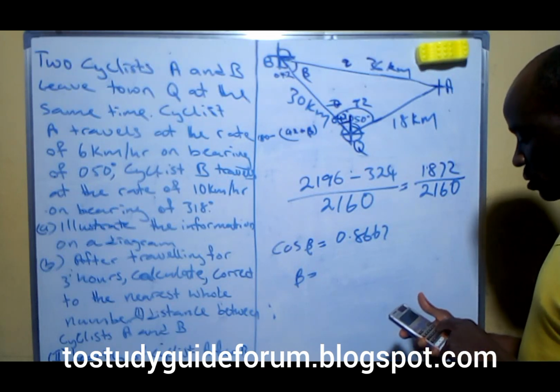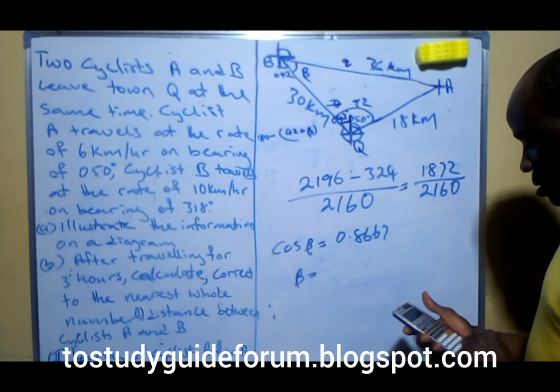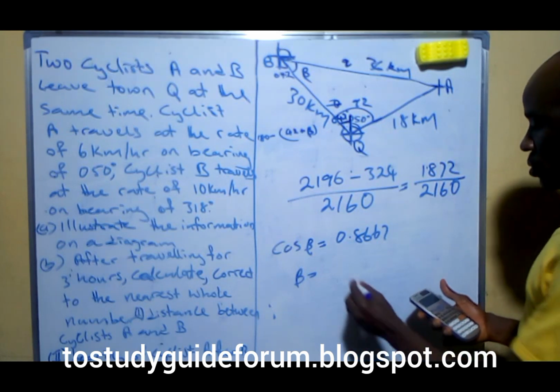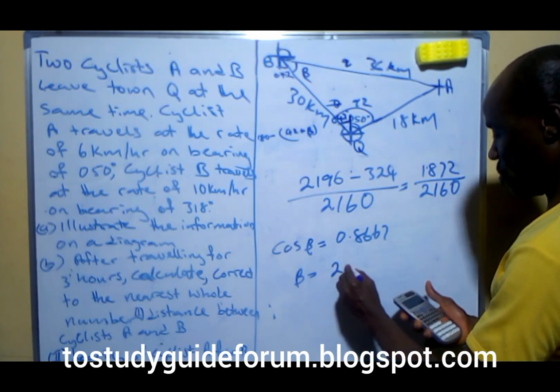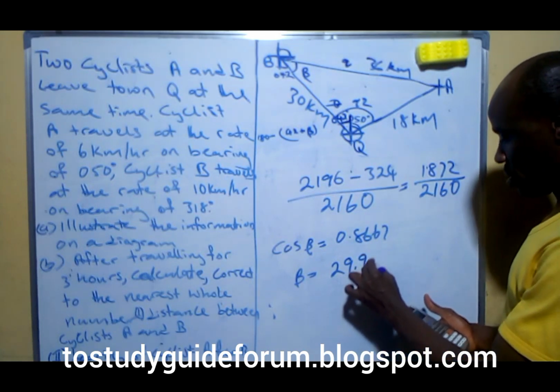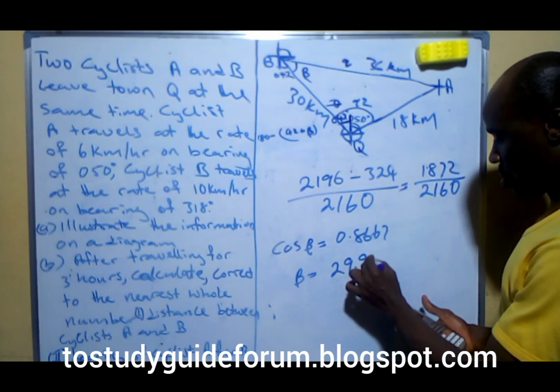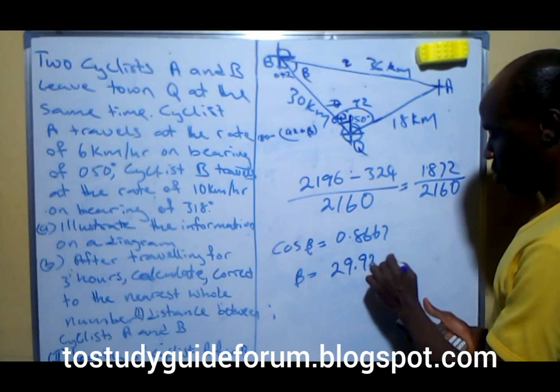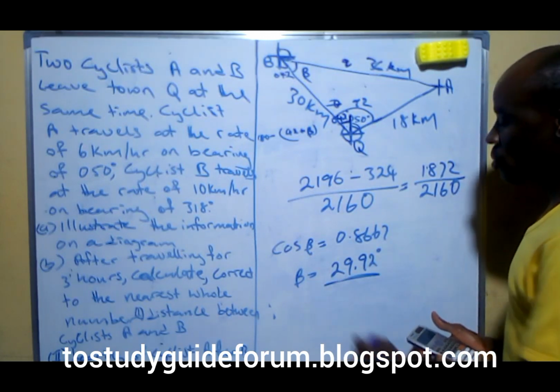To get the value of beta, you can also do that from your calculator, using inverse cos. You can always get this done. We have it to be some degrees.